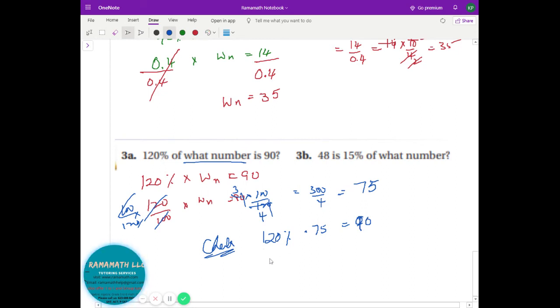So 120% means 1.2 times 75. So I'm going to multiply that one. 1.2 times 75, that's 90. So that gives you 90 also. That's all checking the answer.